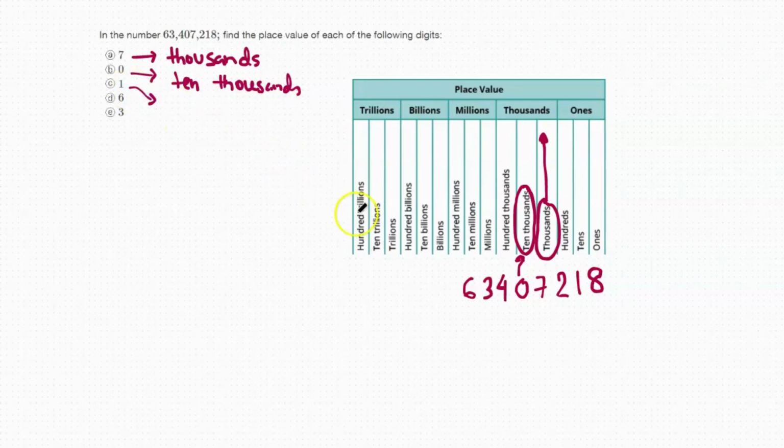Let's look at 1. Where does 1 fit within this place value? 1 lies over here, which is the tens place. So it's tens.